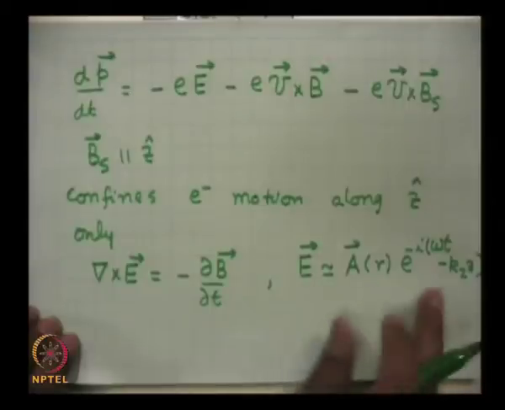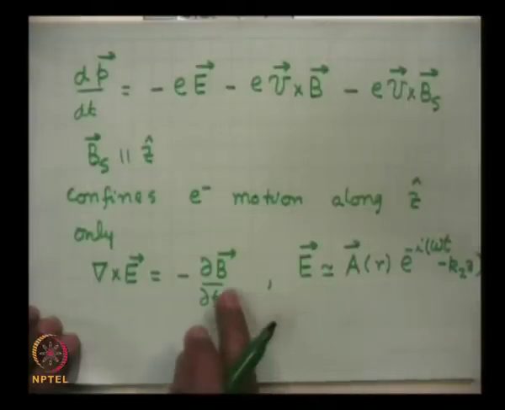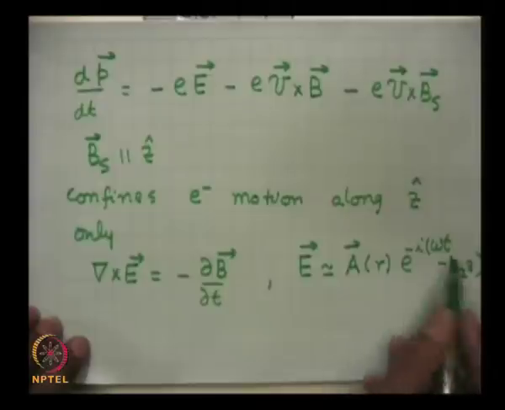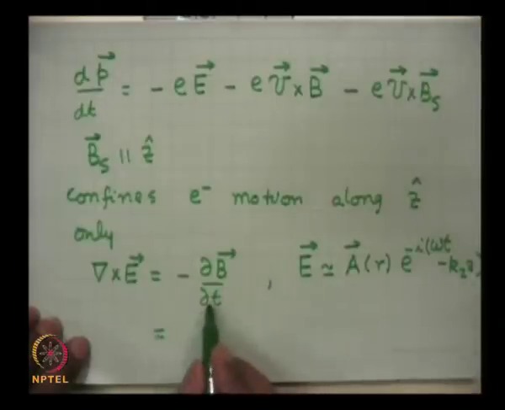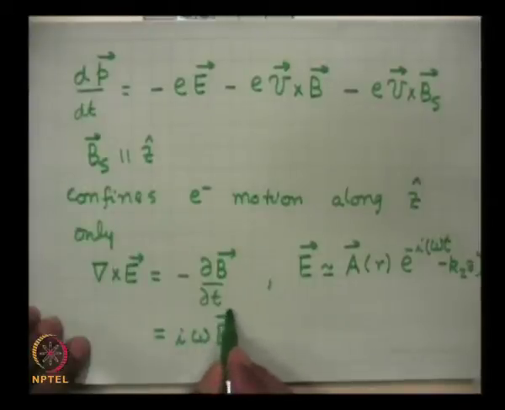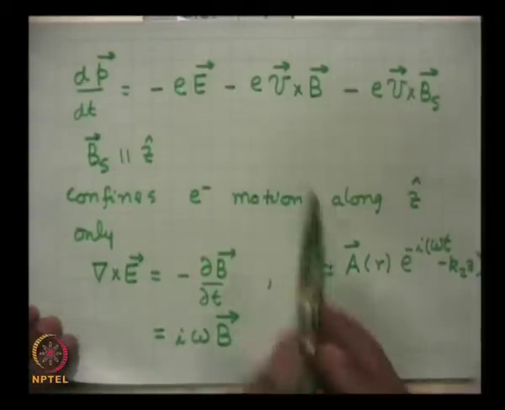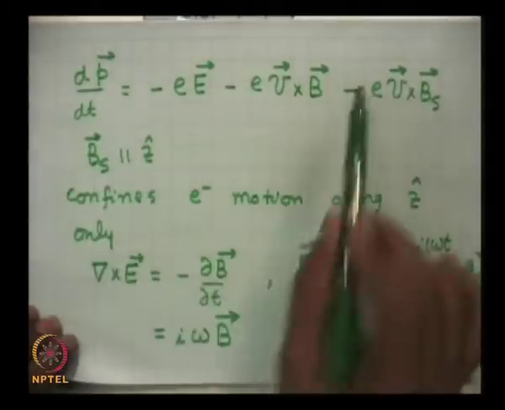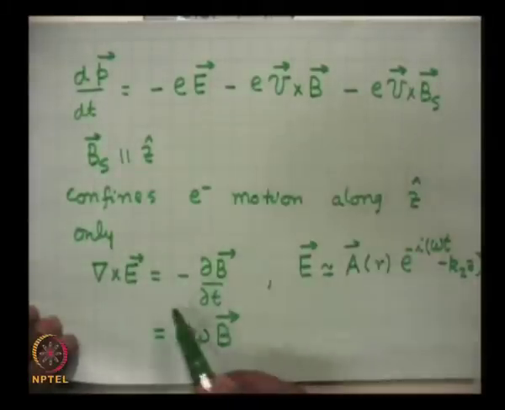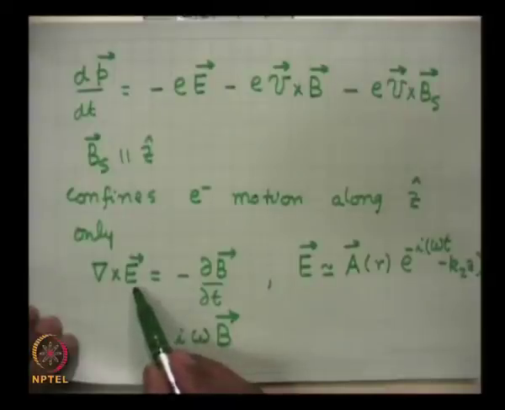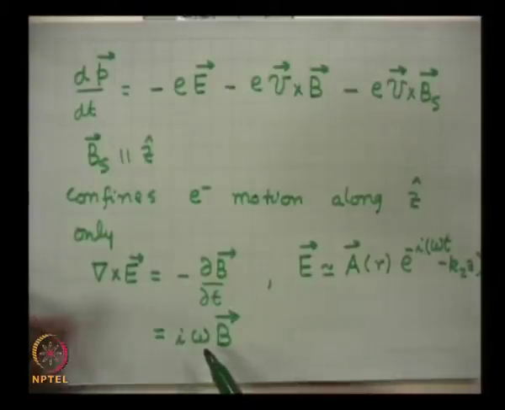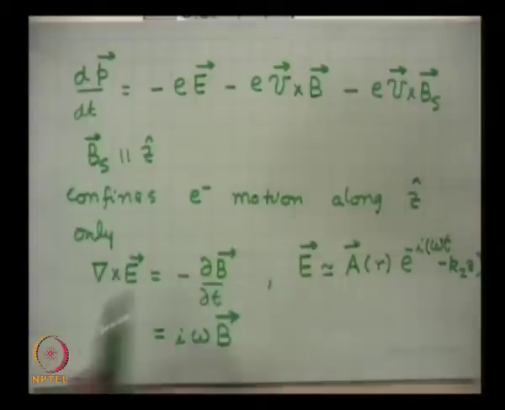If you have an electric field of this sort, then magnetic field will also have the same t and z dependence, and you can replace delta by delta t by minus i omega. So, it becomes i omega B. So, if you know E, B can be written. My issue is to obtain the response of beam electrons to this electromagnetic wave with electric field E and magnetic field B. First of all, let me linearize this equation.